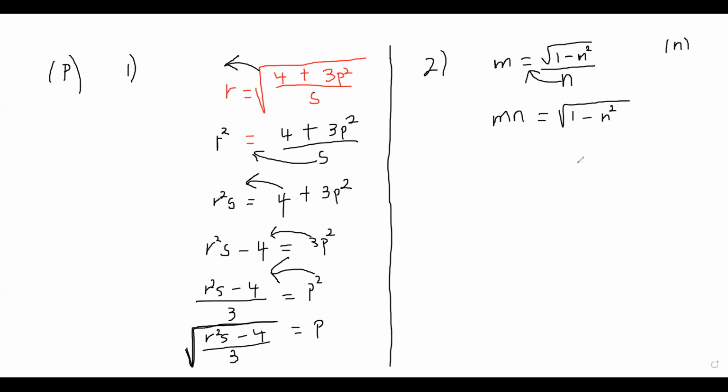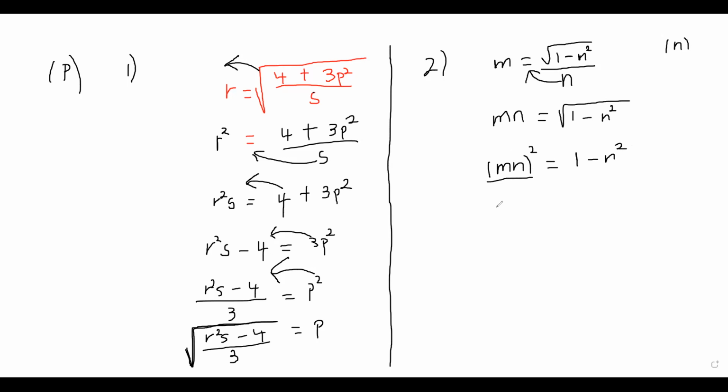Good. So let's carry over the square root. When we carry over the square root, what will happen? We get square. What are we squaring? Everything on the other side, so we're squaring the m and the n. And we're left with 1 subtract n squared. This tells me that m and n are squared individually.